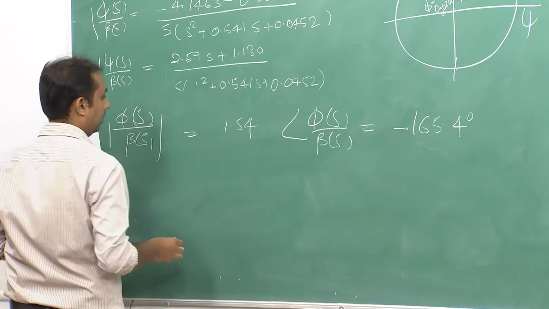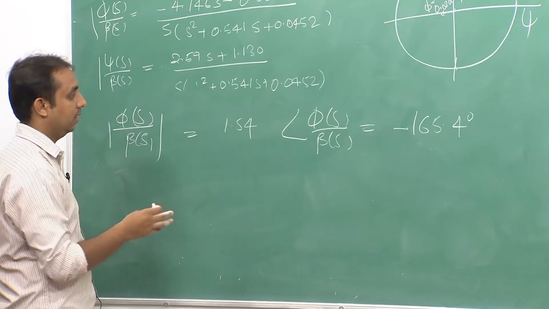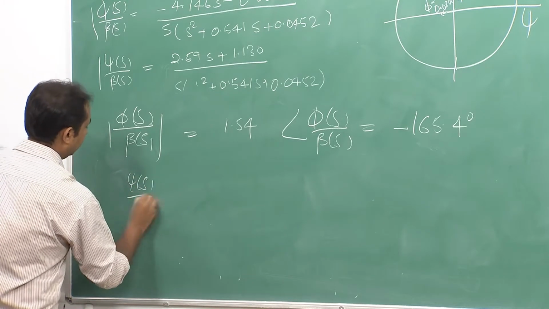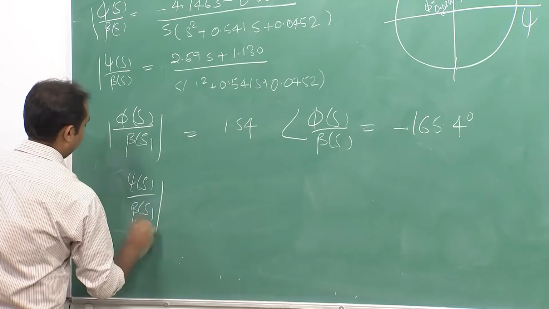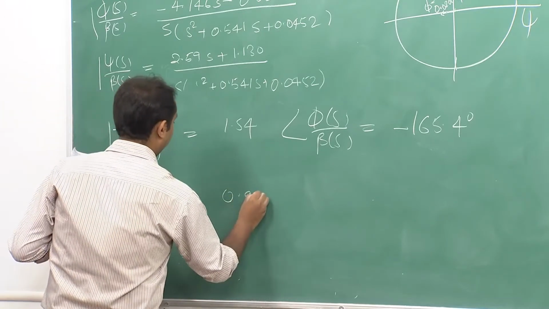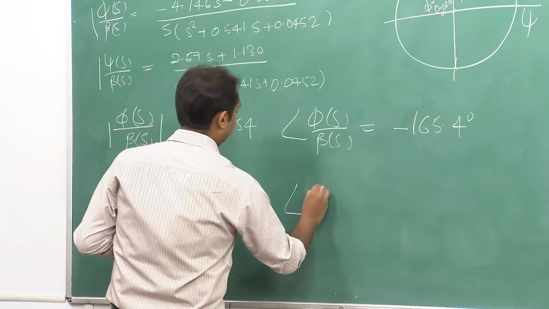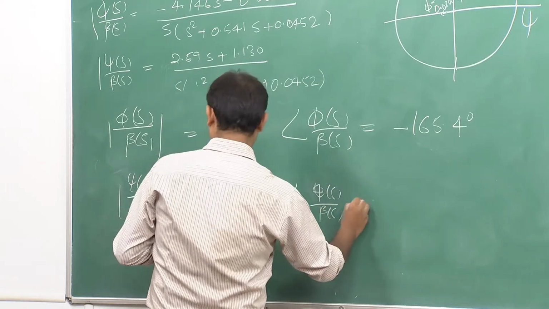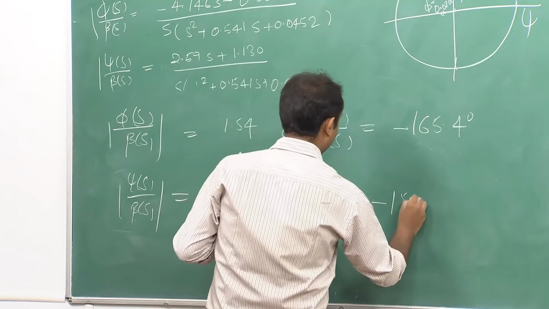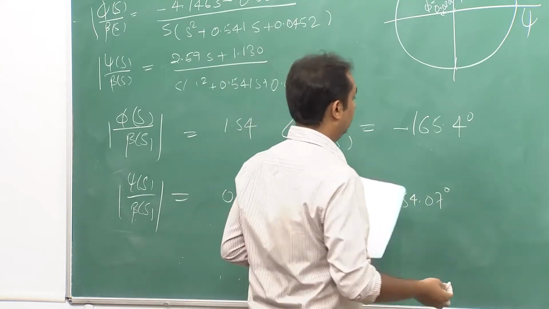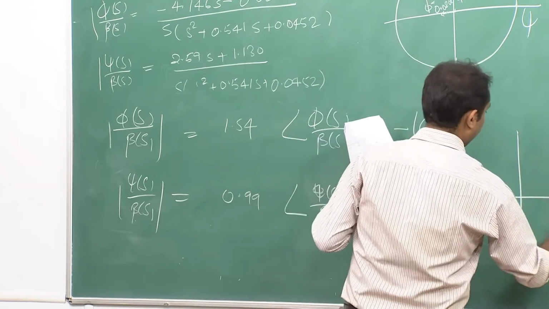So there will be a magnitude and a phase angle because these are complex roots. Similarly, psi(s) upon beta(s) magnitude will be 0.99 and angle of psi(s) upon beta(s) equals minus 154.07.